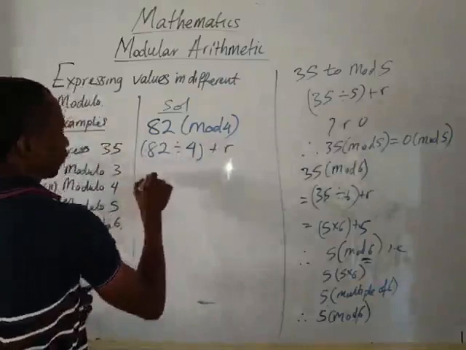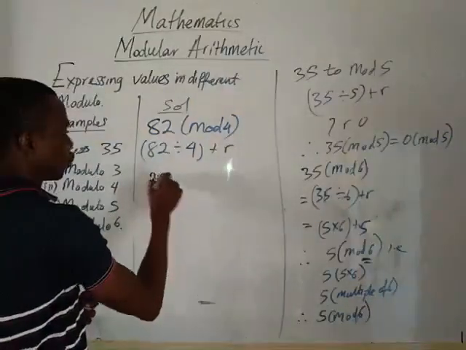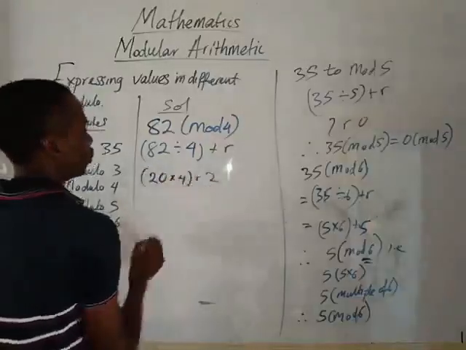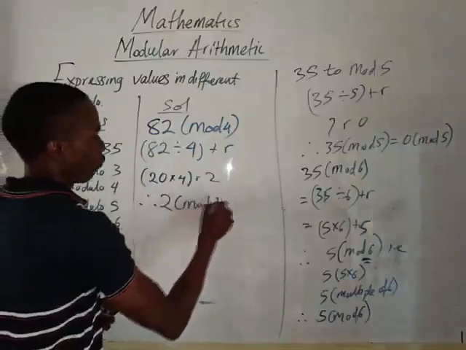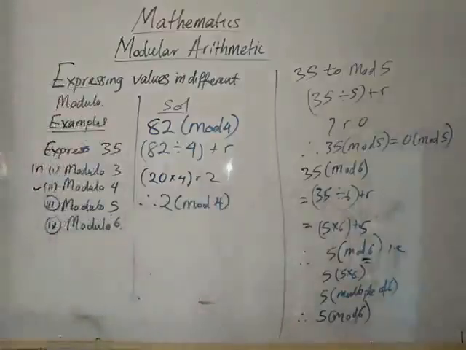So we have 20, remainder nothing there, that's 0. That means we'll be having a remainder of 2. So therefore we have 2 mod 4. So that is just the simple way of expressing different values to a given modulo. You can express as mod 7, mod 2, mod 8, or any other modulo you are asked to do.